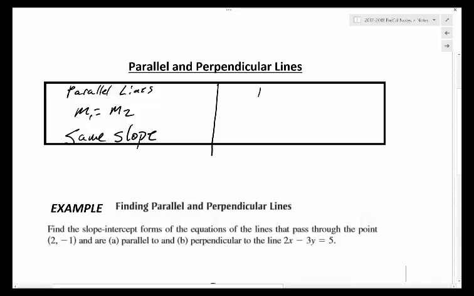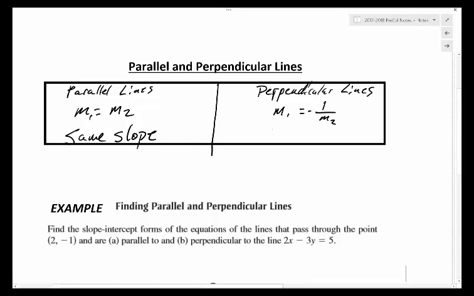Perpendicular lines: the slope of one is the negative reciprocal of the other. Let me say that again. The slope of one is the negative reciprocal of the other.